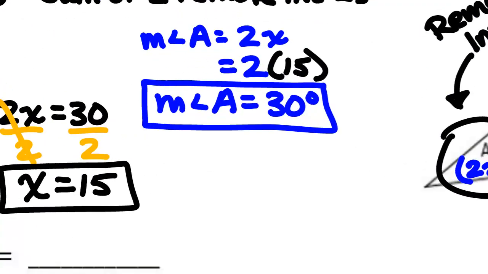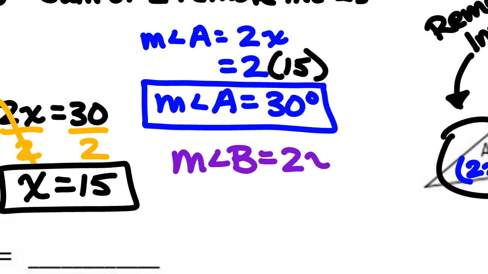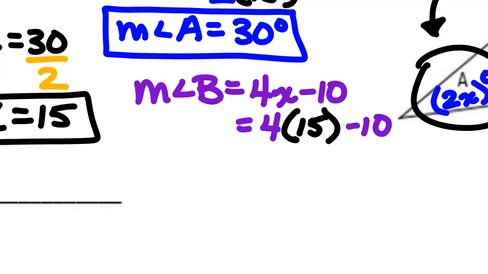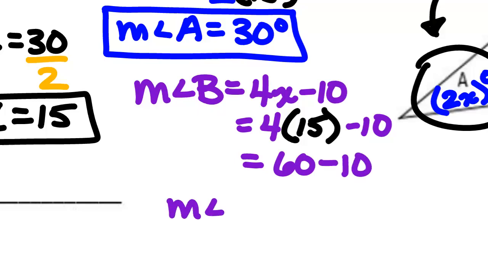And then the measurement of angle B was 4x minus 10. So I do 4 times 15 minus 10. What is 4 times 15? So 60 minus 10 would give me 50.